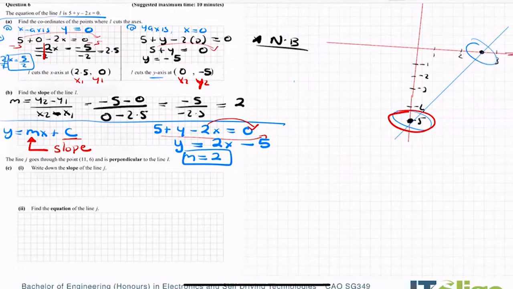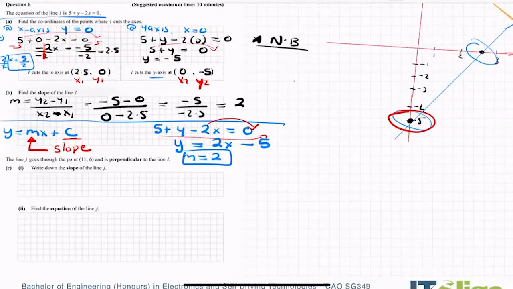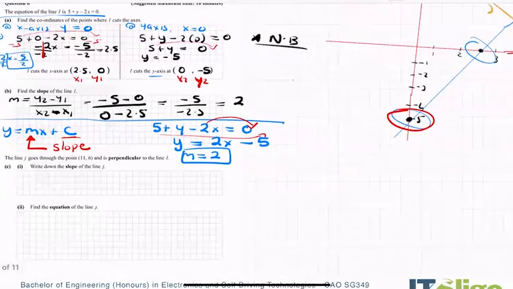I don't have the diagram over far enough to show that, but up here somewhere is a line, let me give it a different color, that is perpendicular. Somewhere is a line that cuts through the line L, and it's called J. So that's J, and this is our line L.